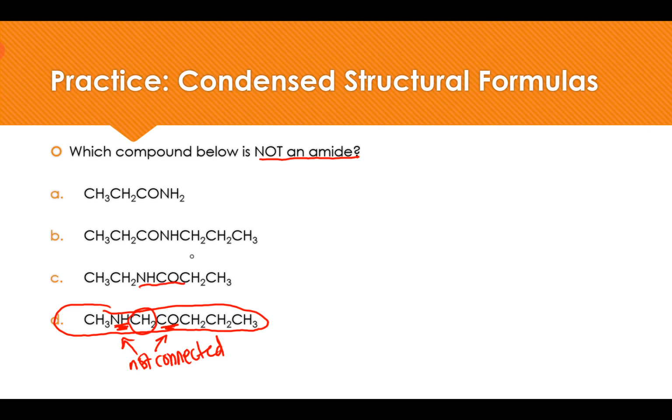They are connected in the other molecules. You can see that in one molecule it's written one way and the other molecule is written another way, but these are all connected. So these are all amides. And this one is a ketone with an amine group.